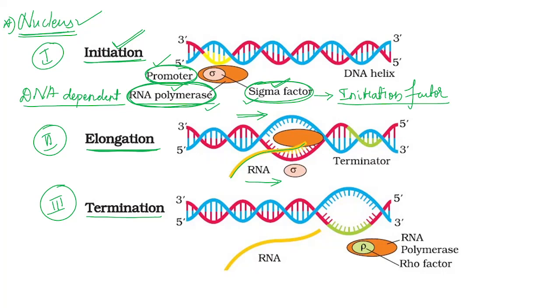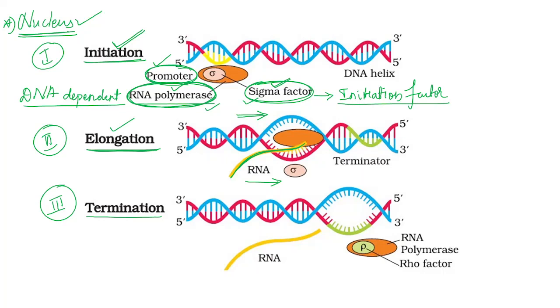The particular codons or the particular nitrogenous bases that are present in the DNA, right. Ultimately what will happen? The mRNA will be produced as a result, okay, that itself is called elongation. In the initiation what happens?